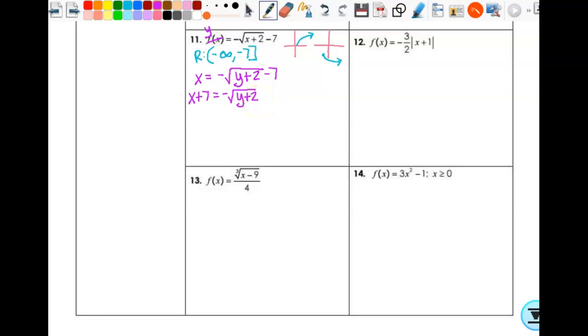I'm going to multiply both sides by that negative, so I get negative (x plus 7) equals the square root of y plus 2. All right, so now I'm going to square both sides. When I square this, it becomes positive. I mean, I could leave it in there, but it really doesn't matter. So I get x plus 7 squared equals y plus 2. So x plus 7 squared, oh, sorry, minus 2 equals y.